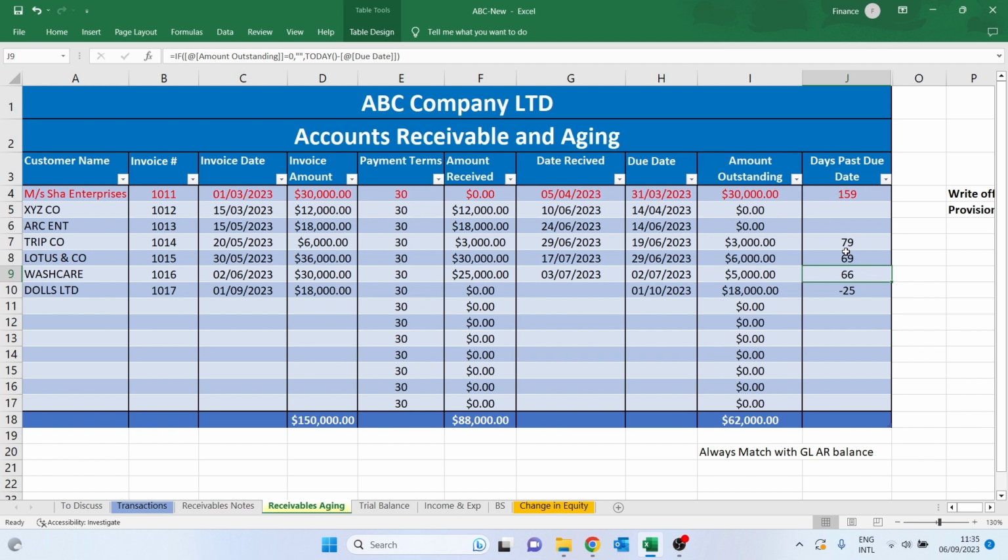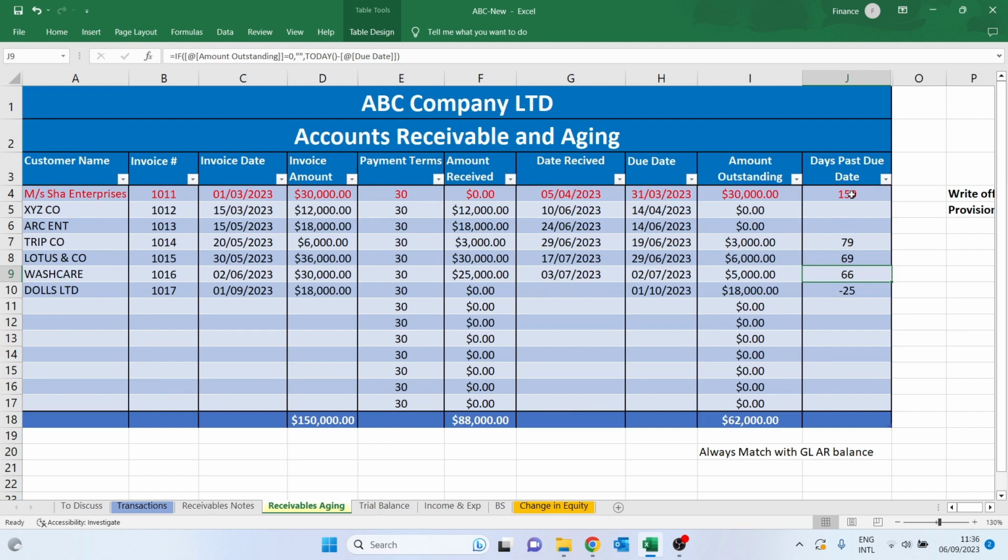During the year end, we need to scrutinize the accounts receivable aging to find out what is happening there, which accounts are getting really bad, and why they are not paying, what is the reason for that.